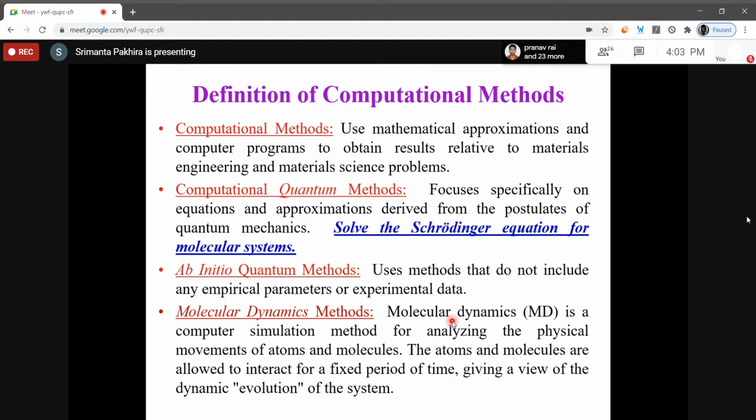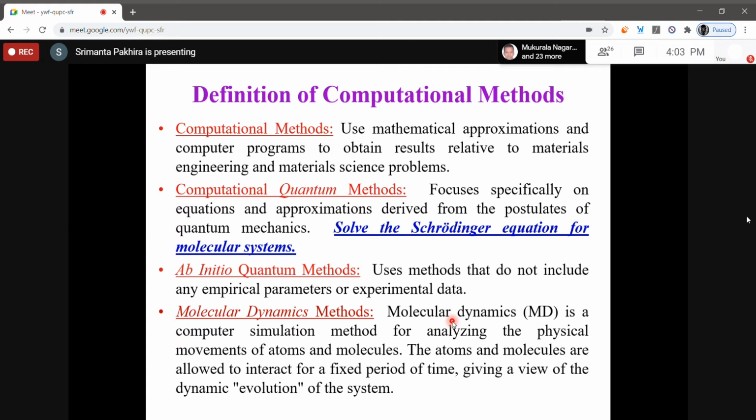Apart from that, there are computational quantum methods, which focus on different kinds of equations derived from the basic postulates of quantum mechanics. Today I was discussing the band theory of solids, where you will see how the Schrodinger equation came into the picture in solid state physics, and semiconductor materials. In those cases, we have to solve the Schrodinger equation considering a periodic potential.